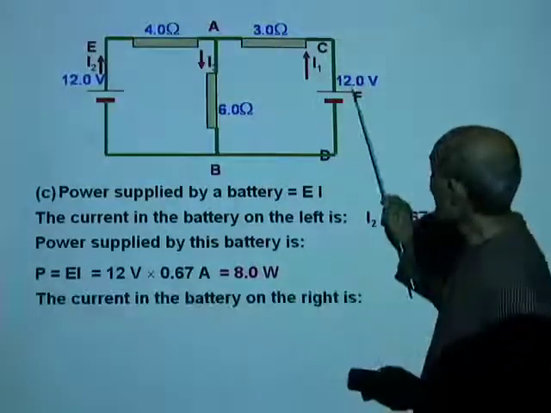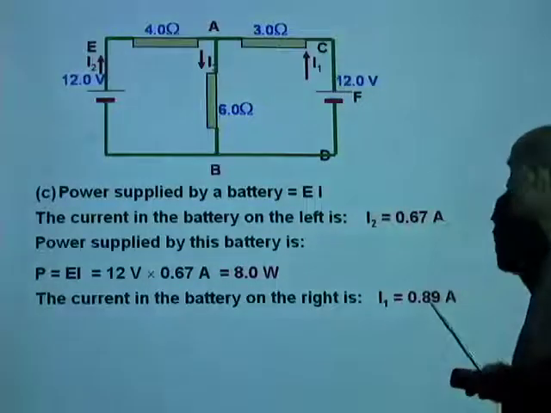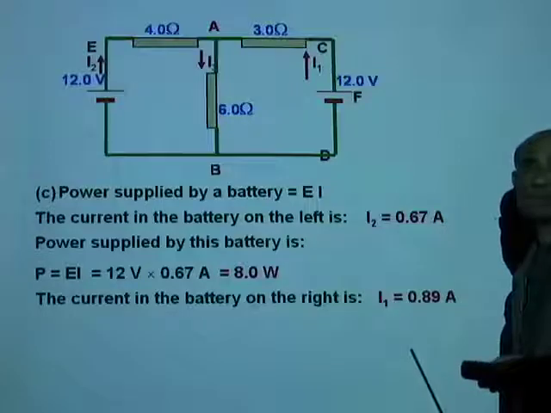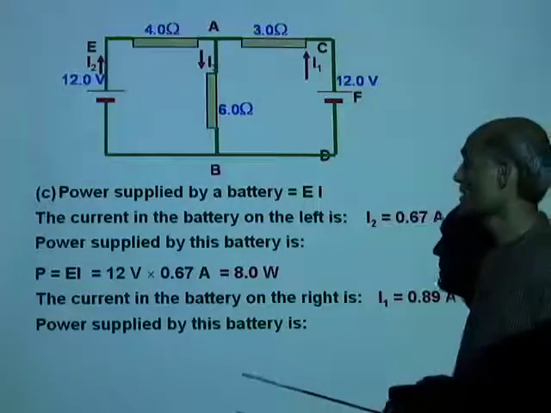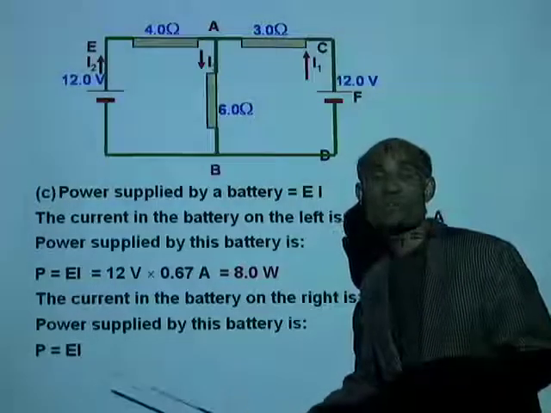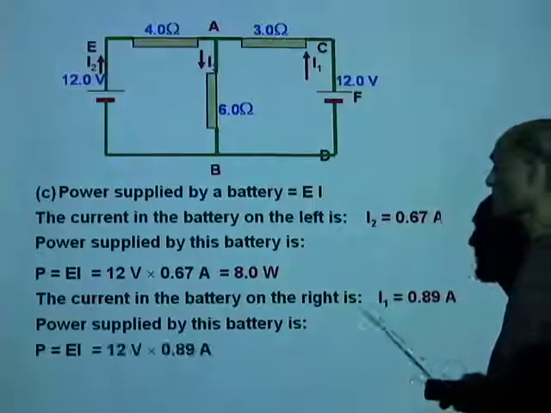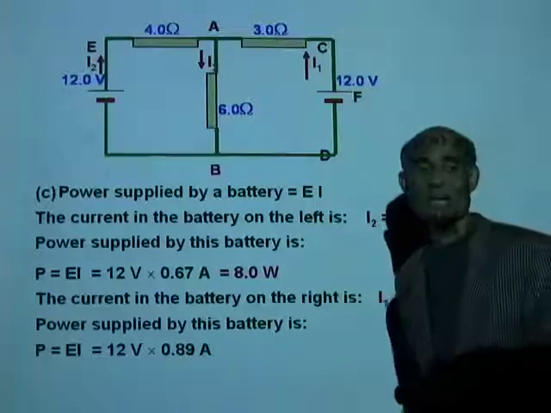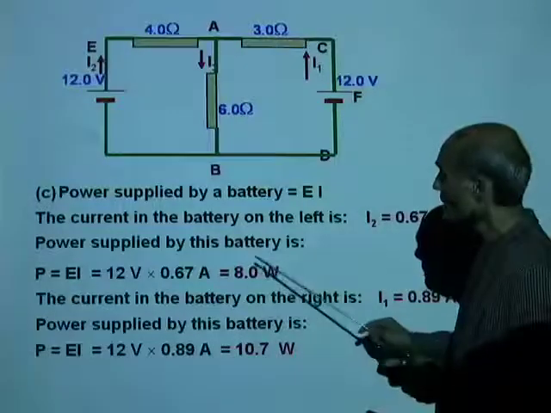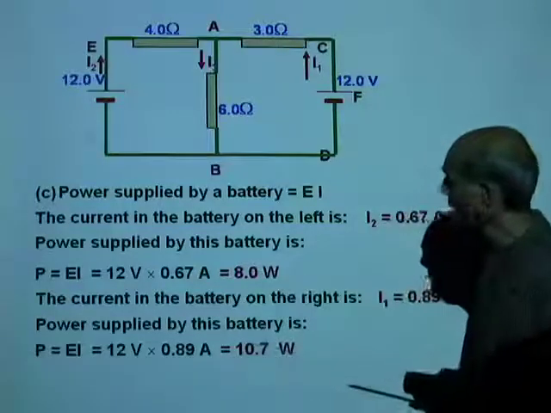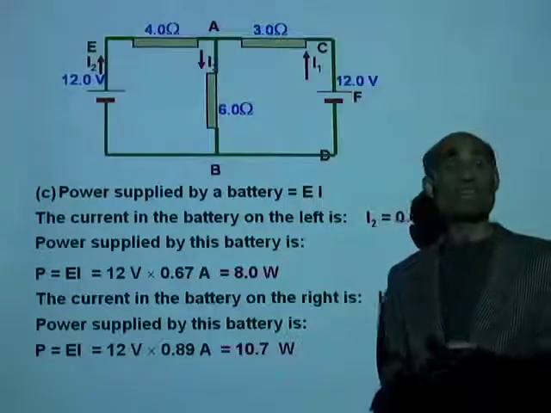The current in the second battery is I1 equal to 0.89 ampere, and the power supplied by this battery is P equal to E times I. That will be 12 volt multiplied by 0.89 ampere, and that is 10.7 watt. The total power supplied by both batteries is 18.7 watt.